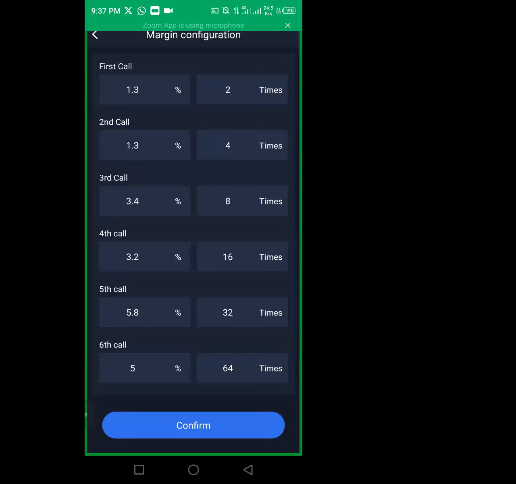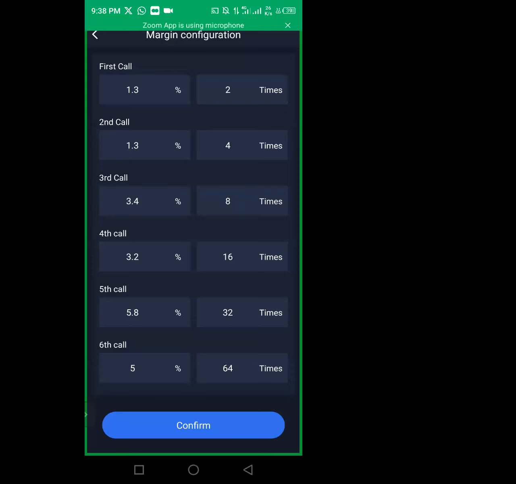So even before the robot recovers this 3.2, which is your fourth margin call, this 3.4, which is your third margin call, before the robot goes up again and recovers 1.3, which is your second margin call, because this coin will recover to your first buy amount, the price you bought the first buy amount, before you start making profits, before you make profit from the whole trade.